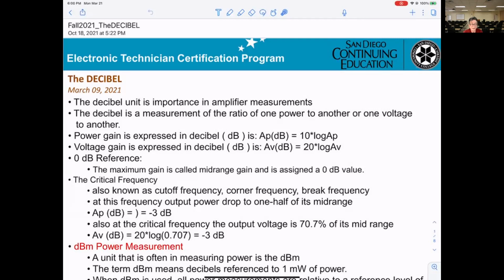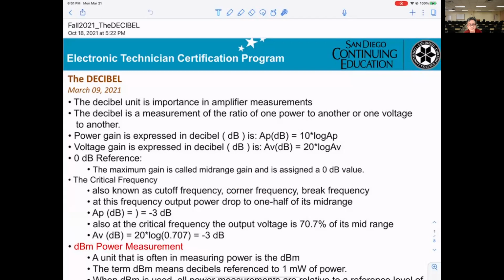0 dB reference: the maximum gain, equal to mid-range, is assigned to be the 0 dB value. And another thing, they're talking about the critical frequency. Make sure you understand what the critical frequency is. It can also be called cut-off frequency, the same thing, corner frequency or break frequency.